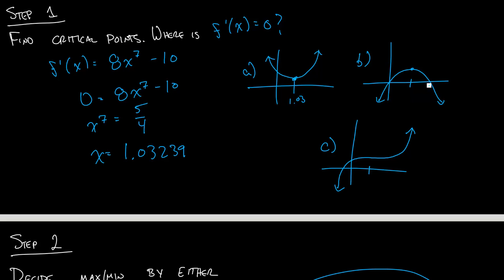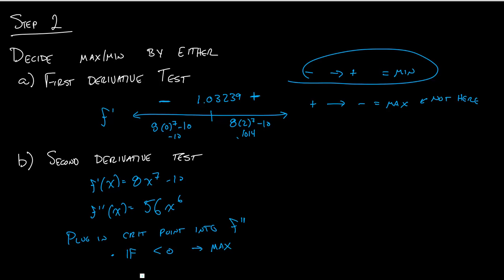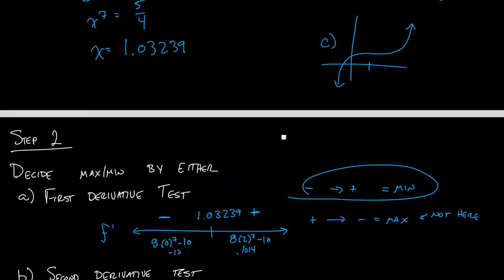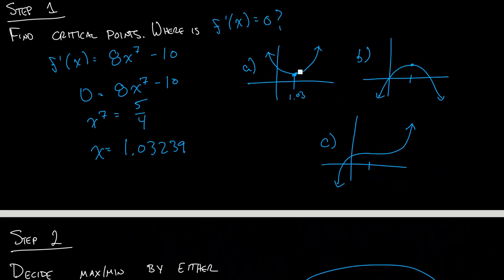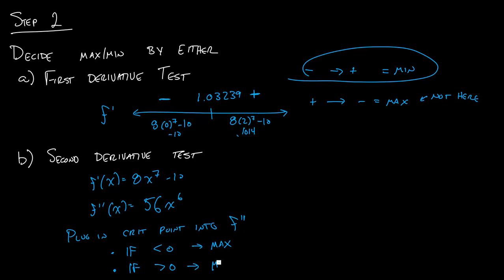Concave down gives you this shape up here, telling you that your critical value is going to be a max. And if it's greater than 0, what does that mean about my graph at that point? If my concavity is positive, my graph is concave up, which means I will be looking at a minimum. So draw the graphs over here: concave up, it's a minimum. Concave down, it's a maximum.